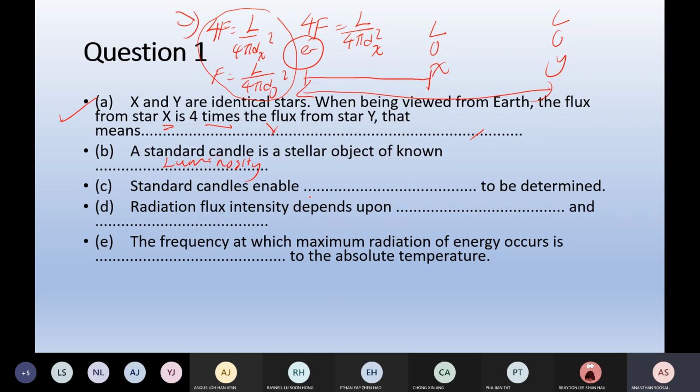They are used to find the distance of the star from the Earth, by using the flux formula. So standard candles enable the distance to be determined. So C should be distance.